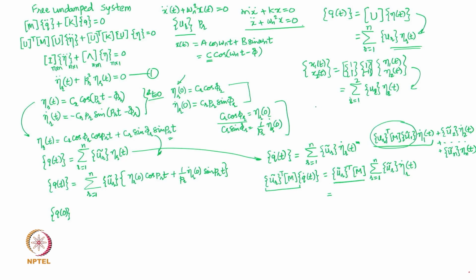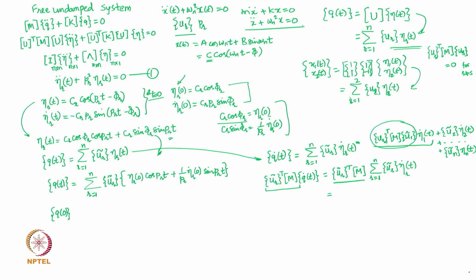The modal vectors are orthogonal to the mass and stiffness matrix, which means that ur transpose m us is equal to 0 for r not equal to s, and the same thing is true for the stiffness matrix.